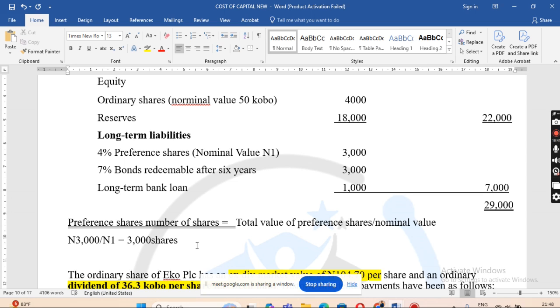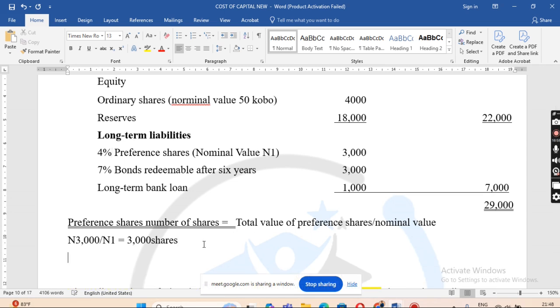Now, when you get your 3,000 shares, what will be the current dividend? You are given the 4% of this. Charge 4% of 3,000, and we give you the value of current dividend, the dividend for preference shares.